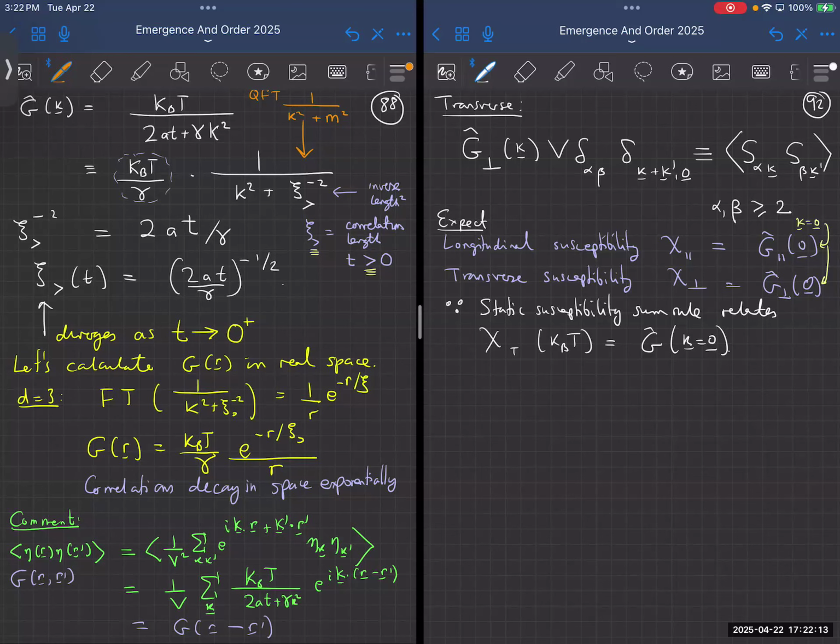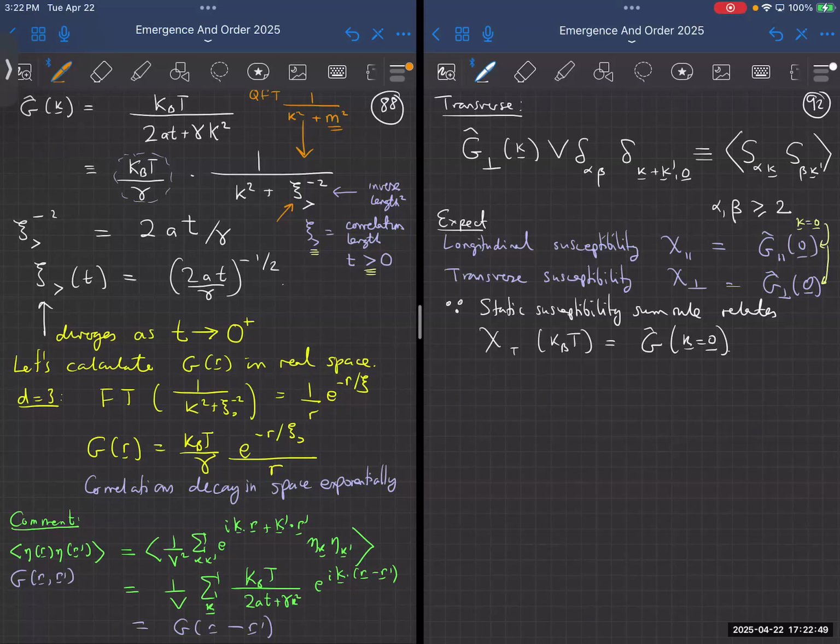So you can see here that the mass of the particle in quantum field theory is played by the inverse correlation length of the statistical field theory. So in statistical mechanics, you have correlation lengths. In quantum field theory, you have particle masses. So if we have a power law decay of correlations, which means that xi is infinity, so that xi to the minus 2 has gone away, we just have 1 over k squared.